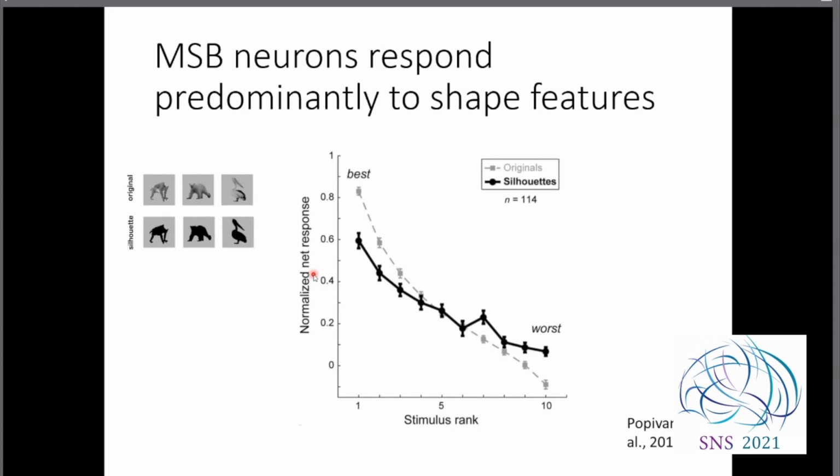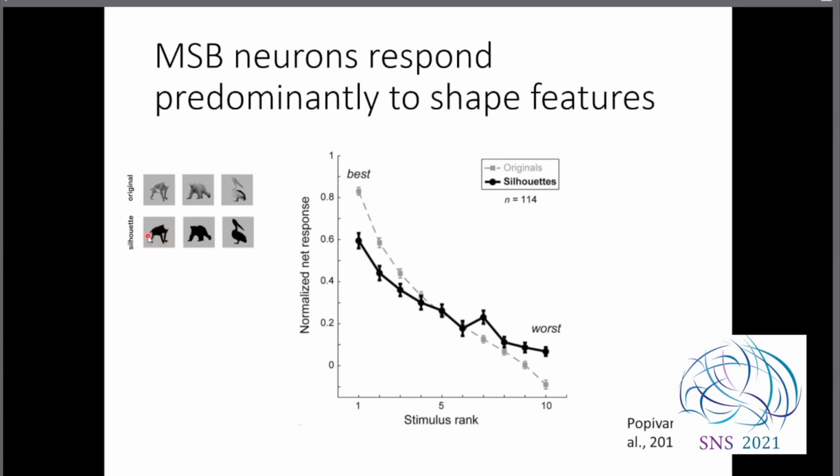One of the first questions we addressed is how important overall shape is. Would you have a similar response to a silhouette compared to the original image, in which you have shading information, fur, texture, and so on? We removed the texture and all the internal features, and we just kept the outline by showing the silhouette of the shape.